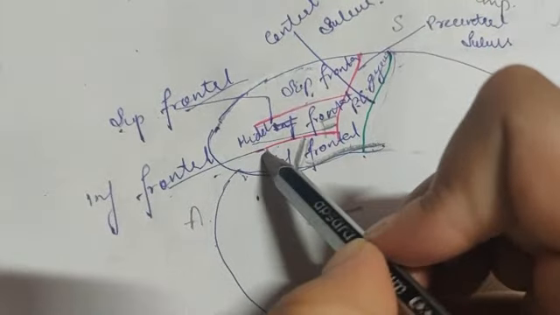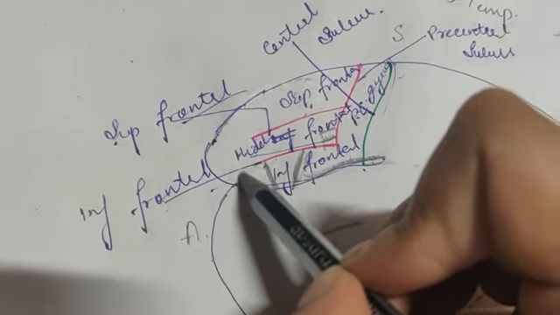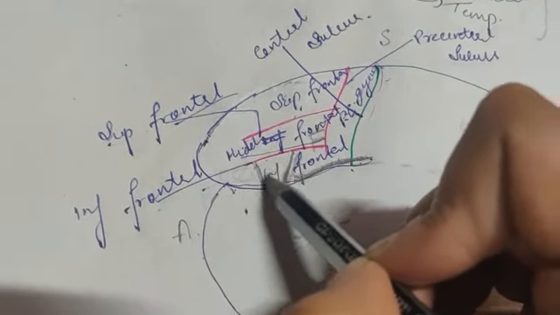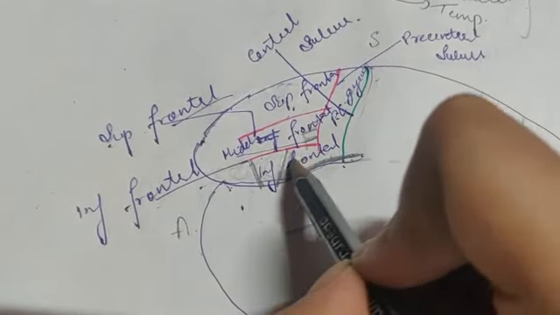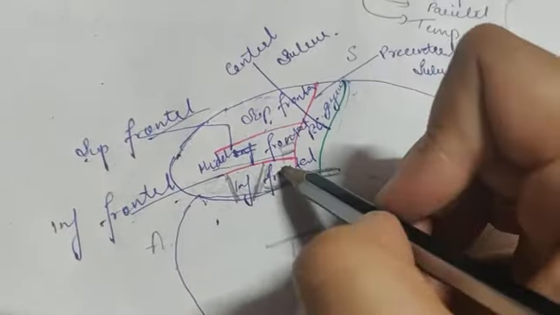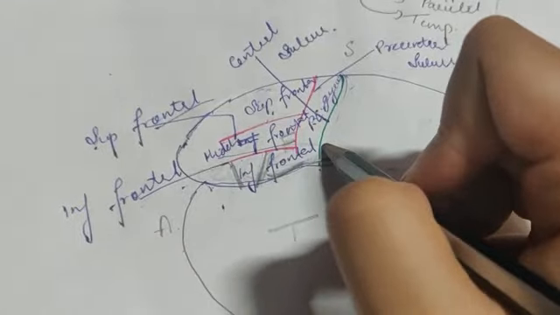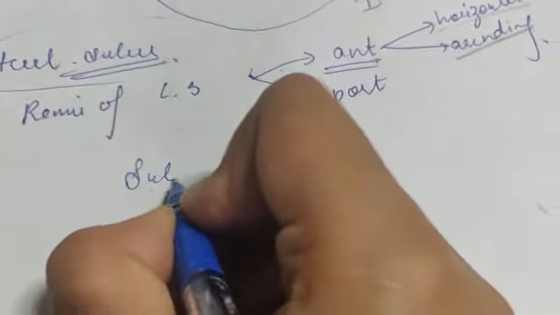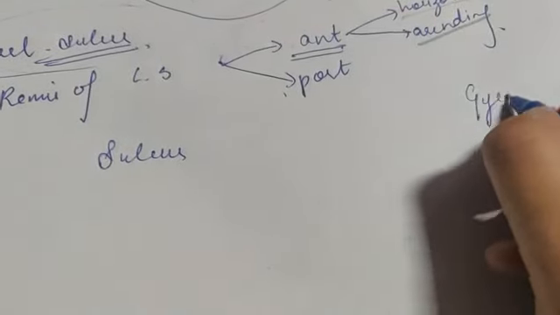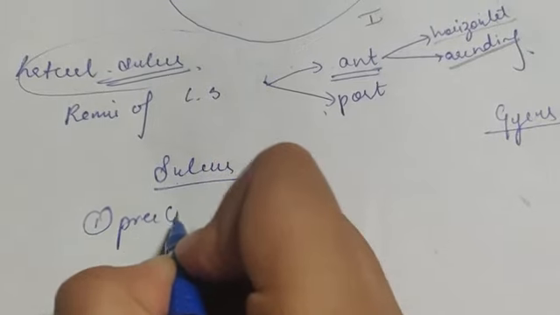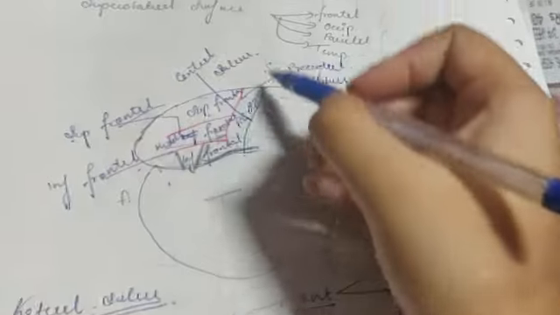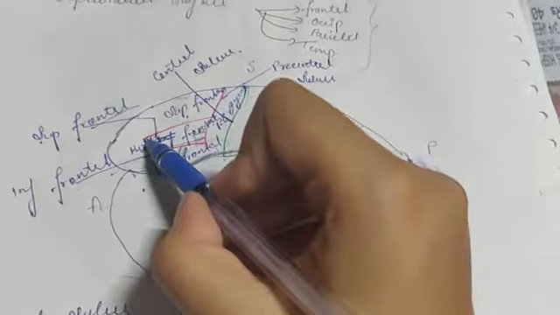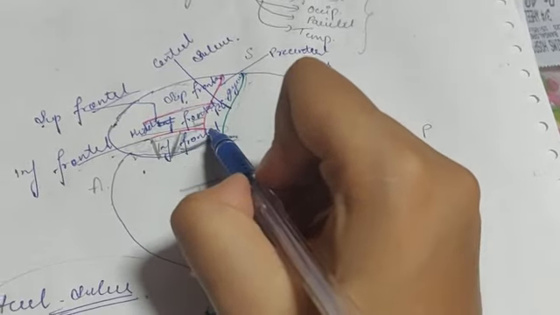So this part from here to here is the pars orbitalis. The part from here to here is the pars triangularis, and from here to here it's the pars opercularis. So totally, if you write sulcus and gyrus, we have a precentral sulcus, a superior frontal sulcus and an inferior frontal sulcus.